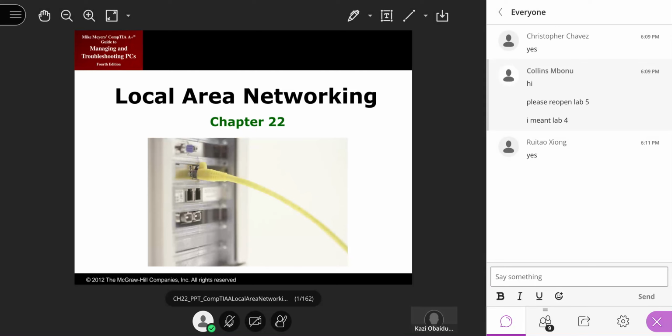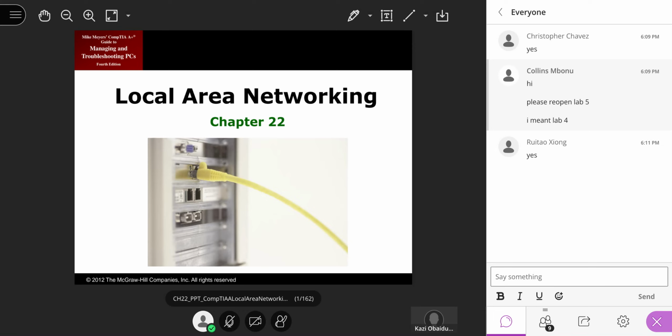Our wide area network and local area network. Local area network geographically covers a small area. Small area means networking in our house, or in a small building, not a giant building.